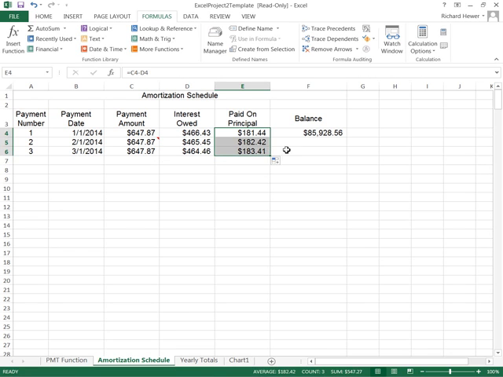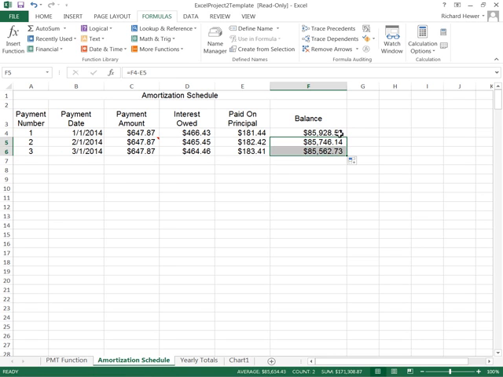That is working. Now, this, though, I can't copy down because what I owed before I started this month, if I hit the equal, was this amount. And then I subtracted this amount. And now I can copy this down.